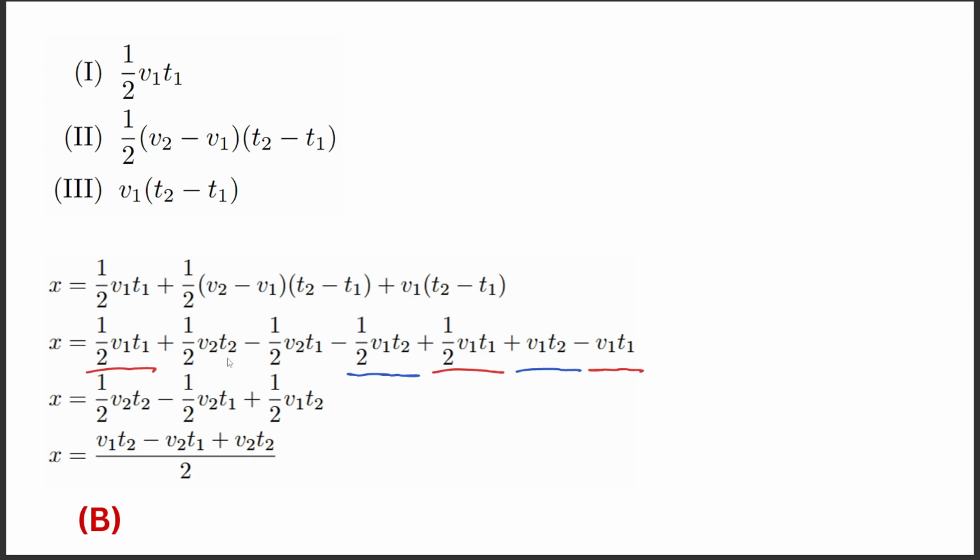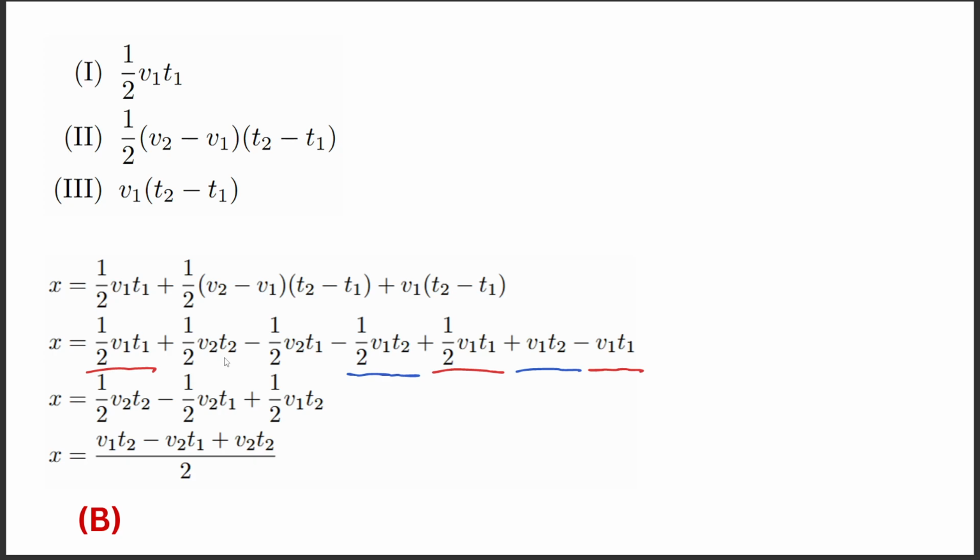So this is not v1 t1, this is not v1 t1, this is not v1 t1, this is v1 t1, this is not v1 t1, this is v1 t1. So we add all of them. So a half plus a half is 1, minus 1 is 0. So we can cancel v1 t1.